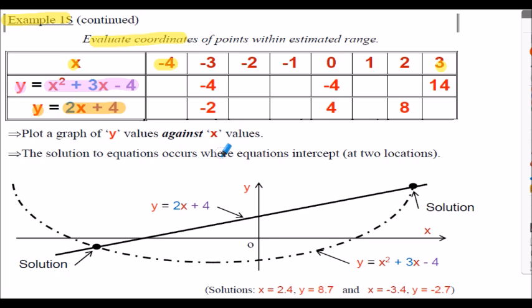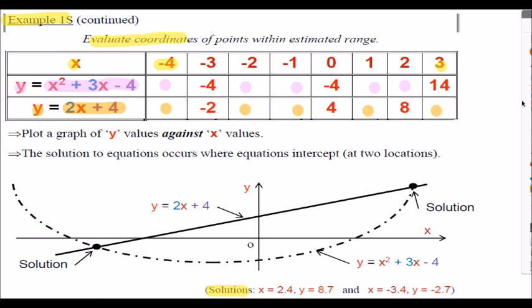I would now encourage you to stop the presentation and fully populate the table, working out the y values for equation 1 and then working out the y values for equation 2. If you then want to progress the solution by plotting the lines on the same graph, you will find the solutions are given here.